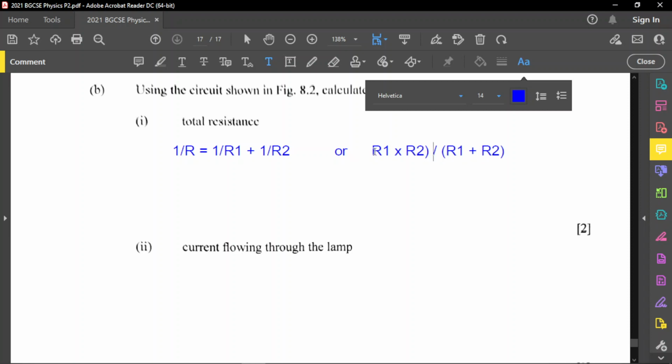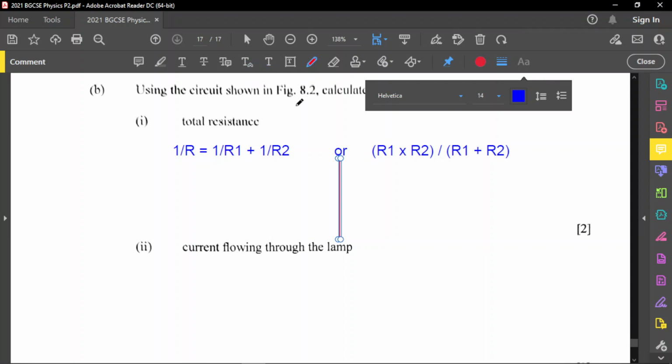The product over sum is a short formula to find the total resistance in a parallel circuit, only if you have two resistors. You can do both methods and see if you're correct. Let's just quickly work it out to show exactly how this works.